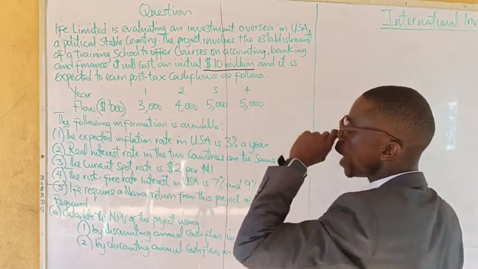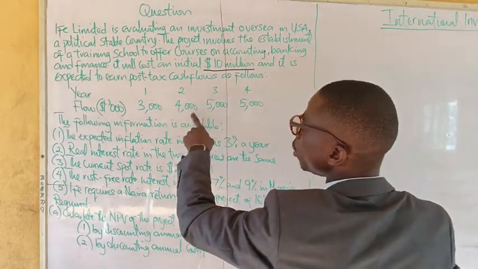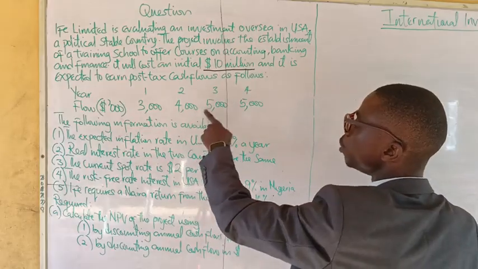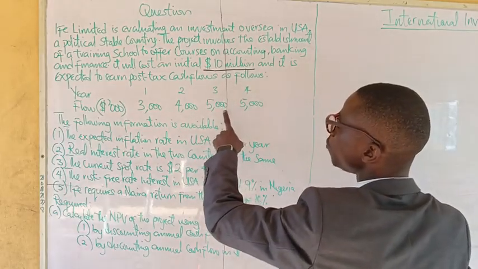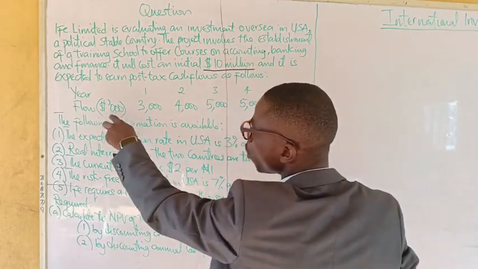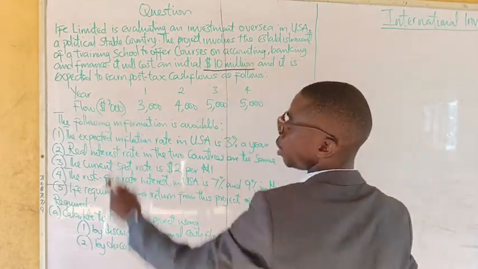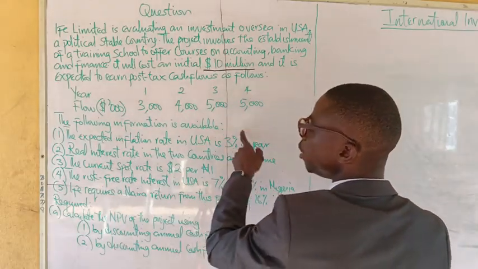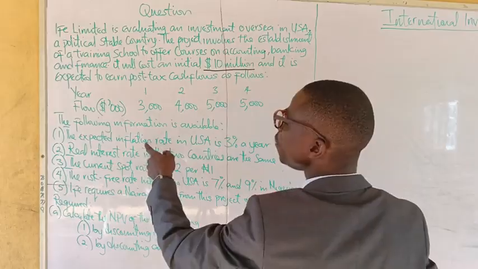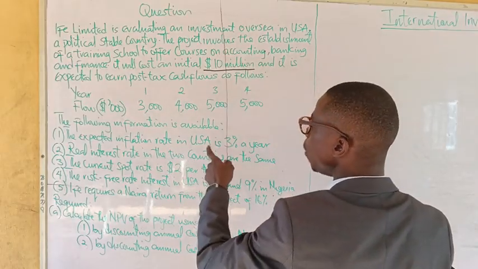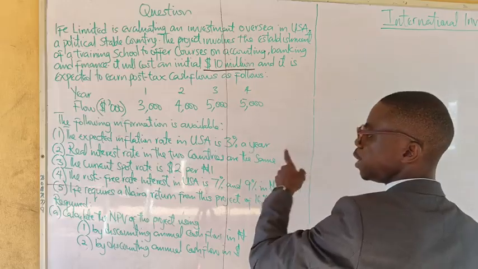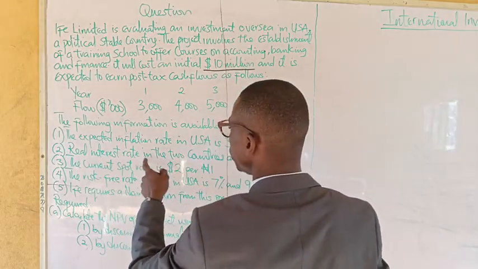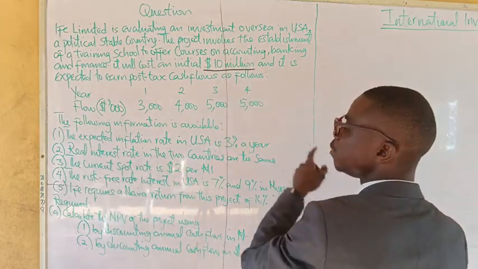In the first year you will earn 3 million. The projected cash flow for year 2 is 4 million. This is 5 million, this is 5 million. Don't forget that we approximate to the nearest 1,000. He said the following information is available. The expected inflation rate in the US is 3% a year. The real interest rates in the two countries are the same.